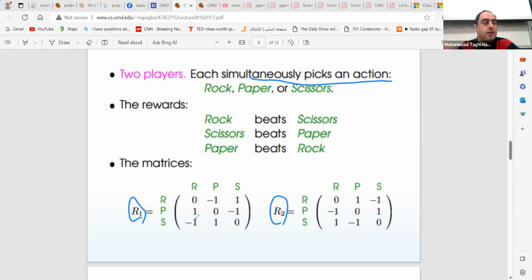This is another way that we can represent these games. Here it means that if this guy brings paper and the other guy brings rock, then the first person wins and the second person loses. So that's another famous game, which is a zero-sum game.